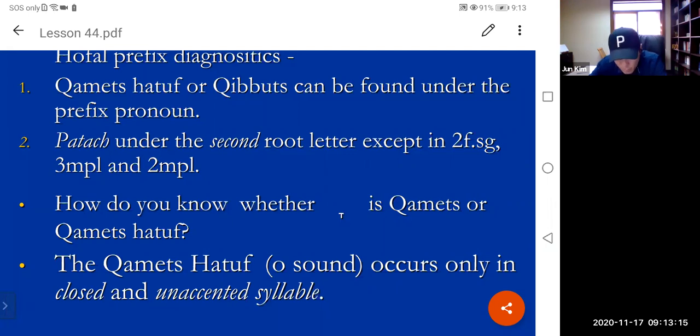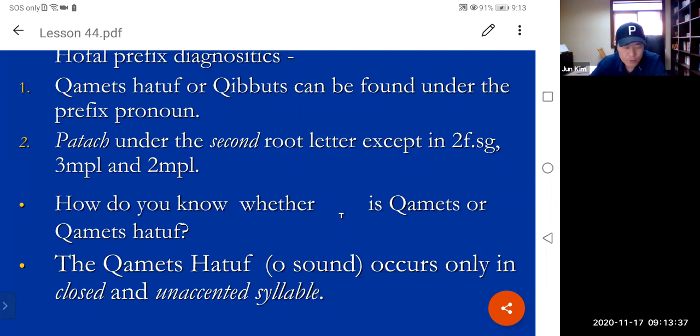What you need to do is to remember this most important indicator, which means qamets hatuf followed by shewa. Then think about the possibility of the Hophal stem.